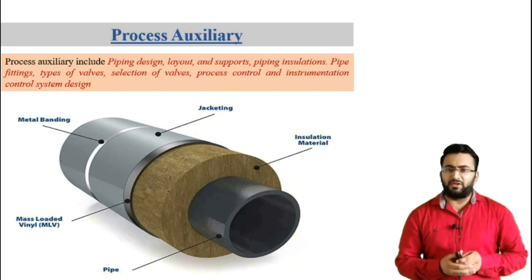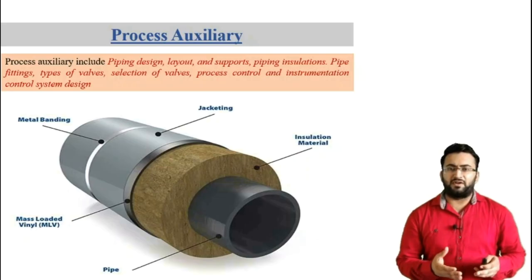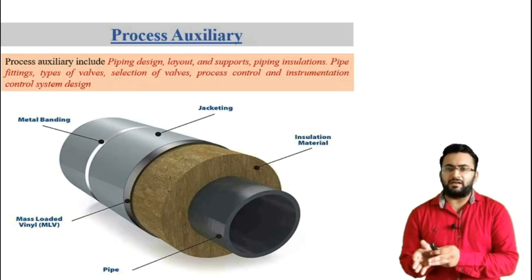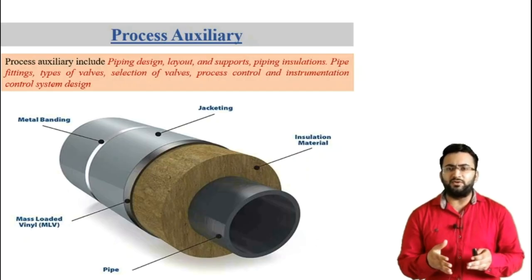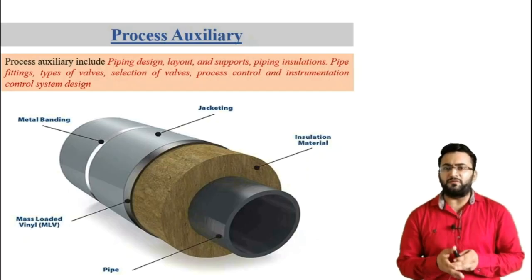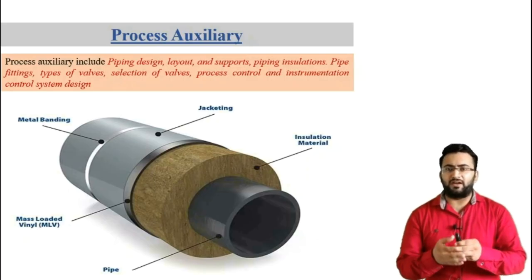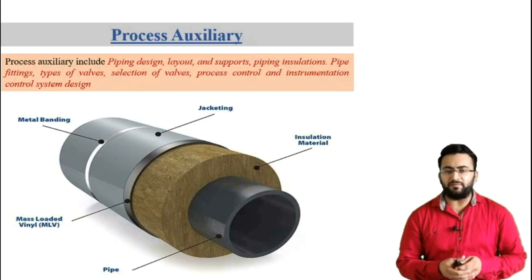Then piping insulation is also considered in process auxiliary. There are various types of piping insulation, such as cork and glass wool, which are widely used in the chemical industry. Insulation material is used to prevent the heat loss from the pipe. So this type of insulating material is widely used in chemical engineering.